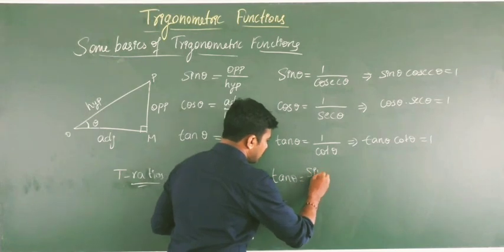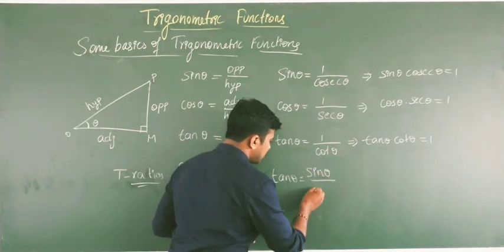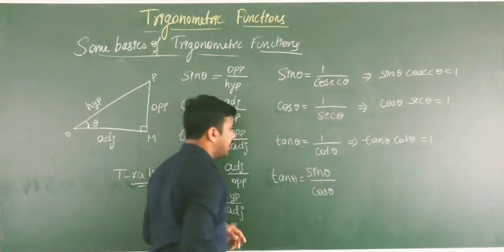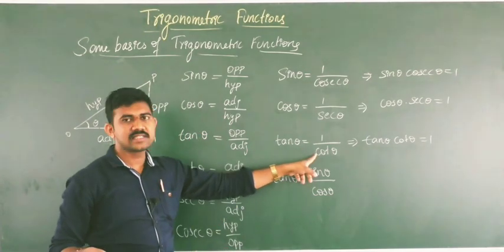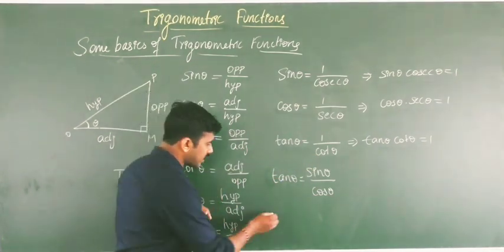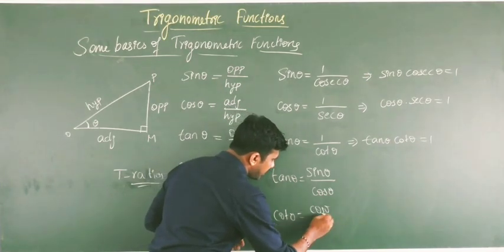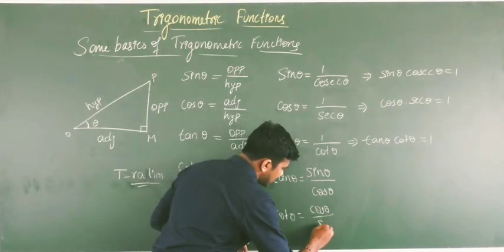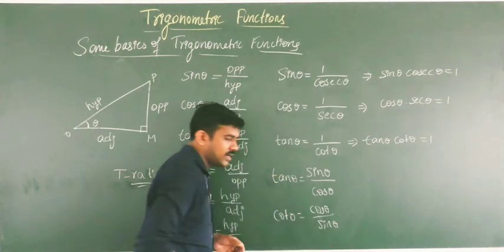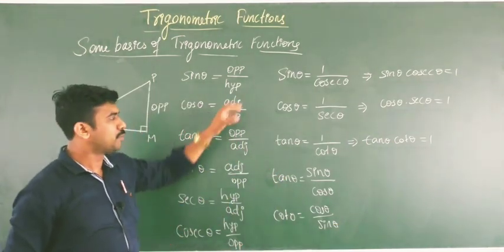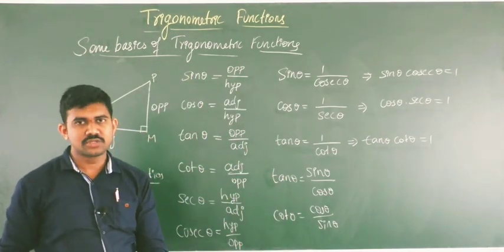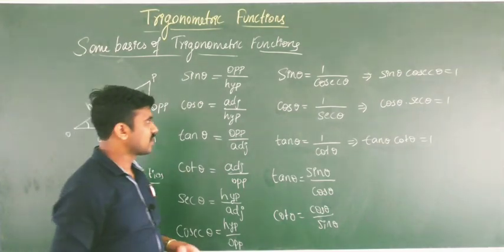So tan theta is nothing but sin theta by cos theta. And now we know cot theta is the reciprocal of tan theta, so we can write cot theta as cos theta divided by sin theta. Okay, so these are the different properties of trigonometric ratios you studied in high school classes.